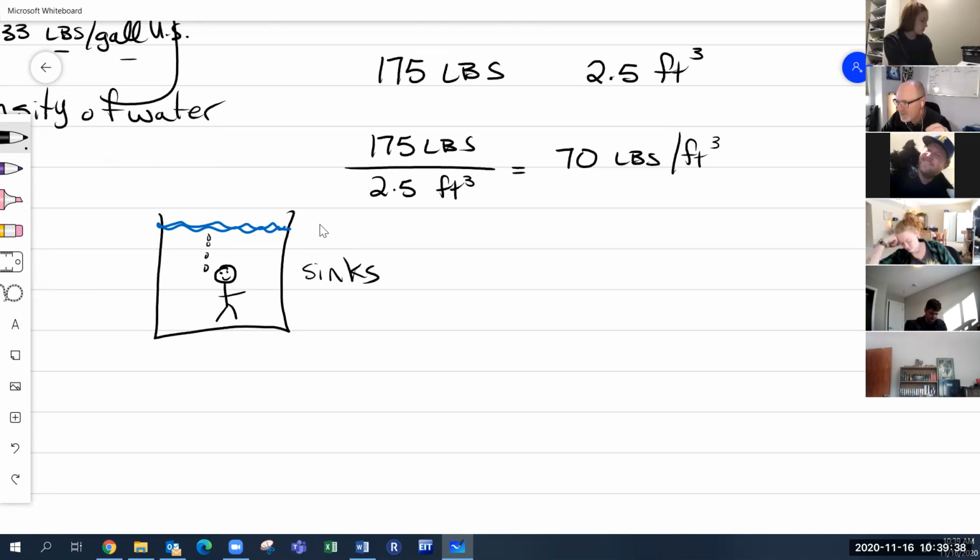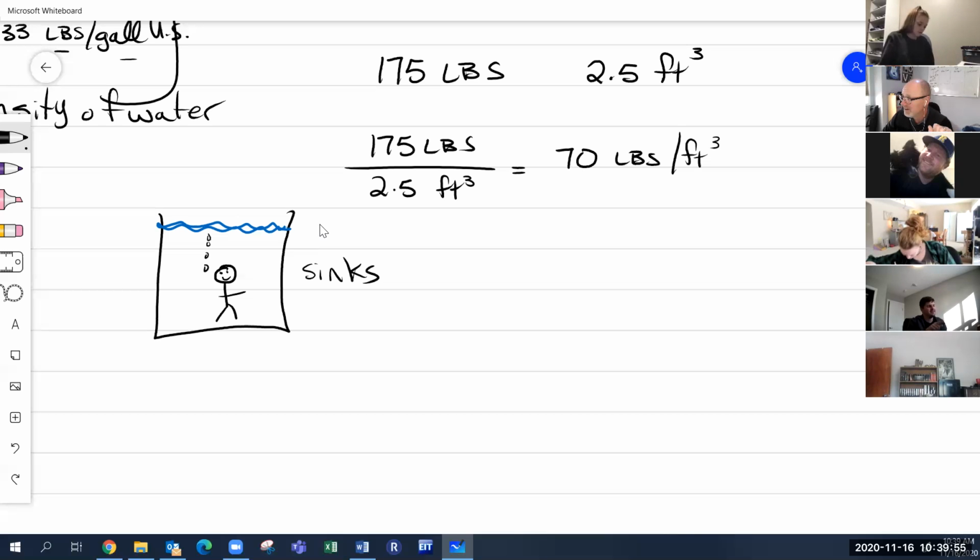I will sink when I get into the swimming pool, and only if the swimming pool is fresh water. Is that correct?